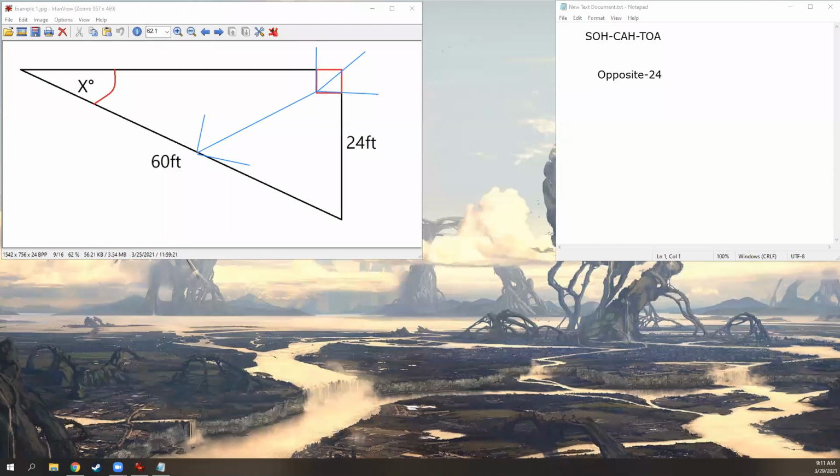So we also have a hypotenuse, and it's 60. All right. And we don't have an adjacent side. You can see that because the side that's next to the angle that isn't the hypotenuse has no number. So we have no A.